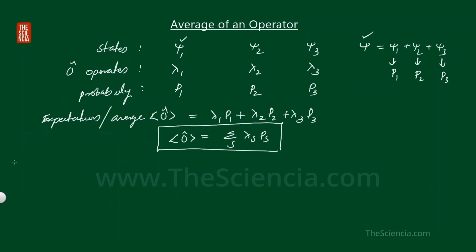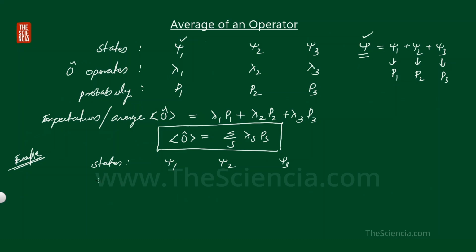So I will tell you one example. There are different states. The states are the same, psi 1, psi 2 and psi 3. Actually, this system is in a state psi, and these are the different components of that state. That is, the state psi is a linear combination of psi 1, psi 2 and psi 3.